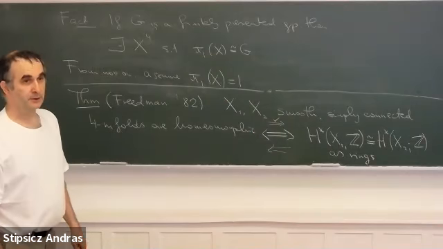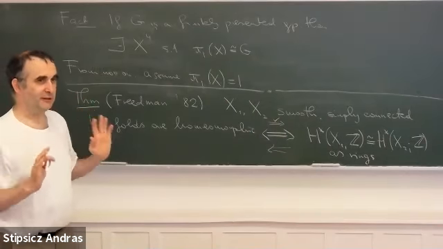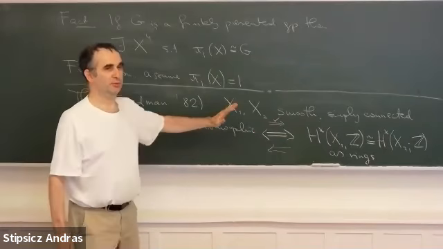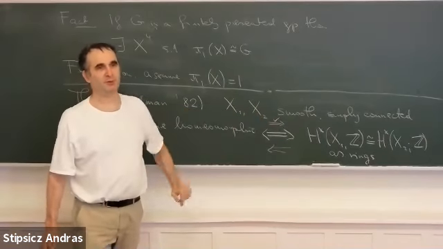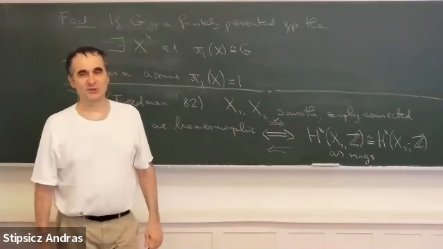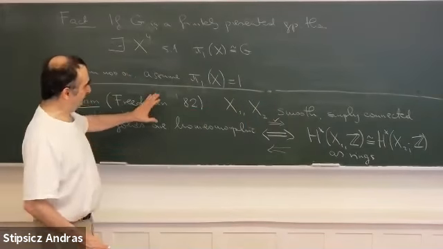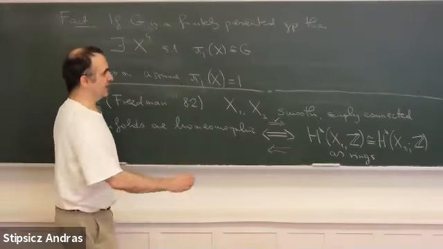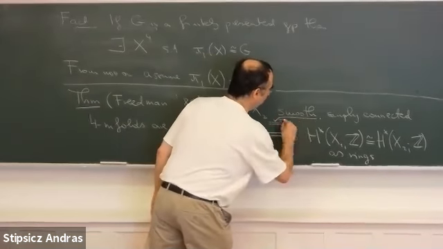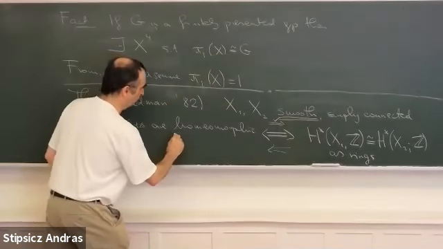There is also a version for topological four manifolds, which is a little bit more complicated. What I would like to emphasize in this picture is that we talk about smooth manifolds up to homeomorphism.